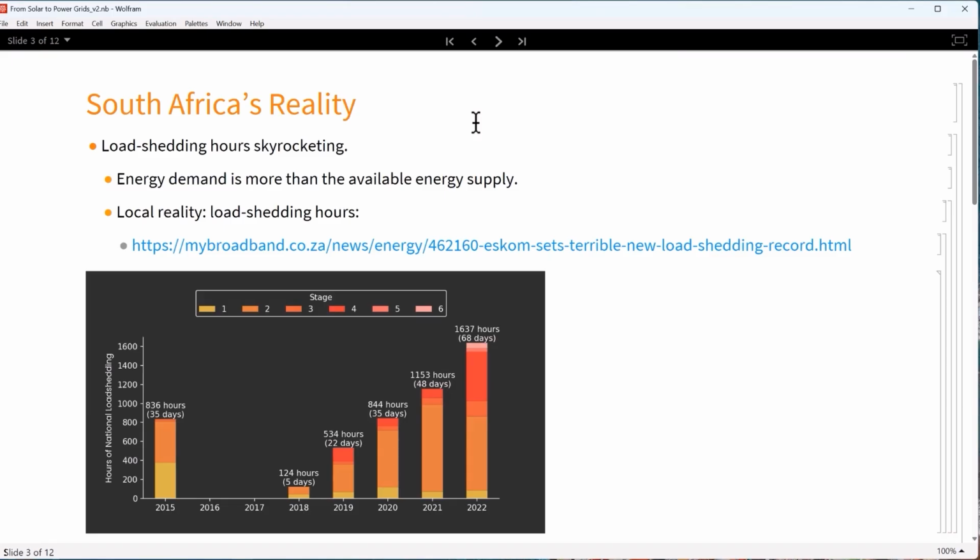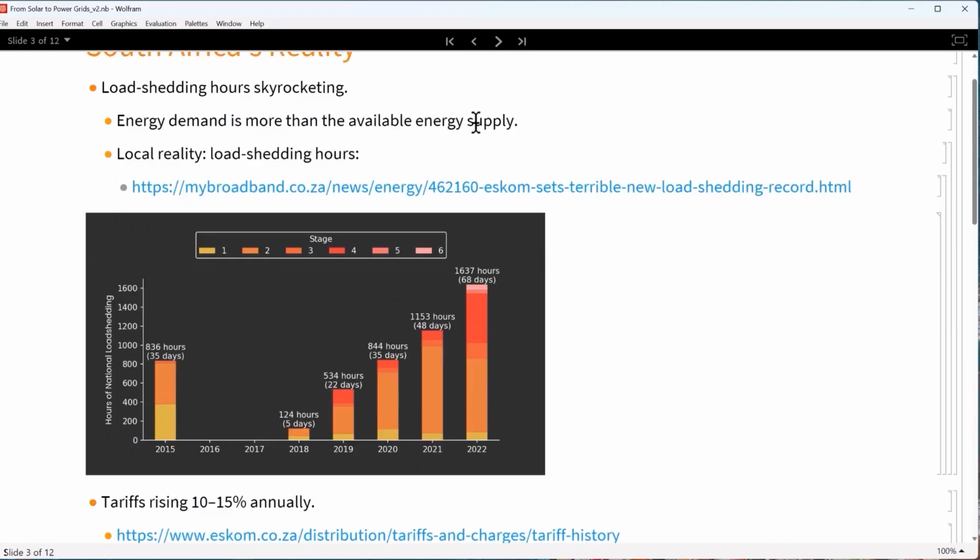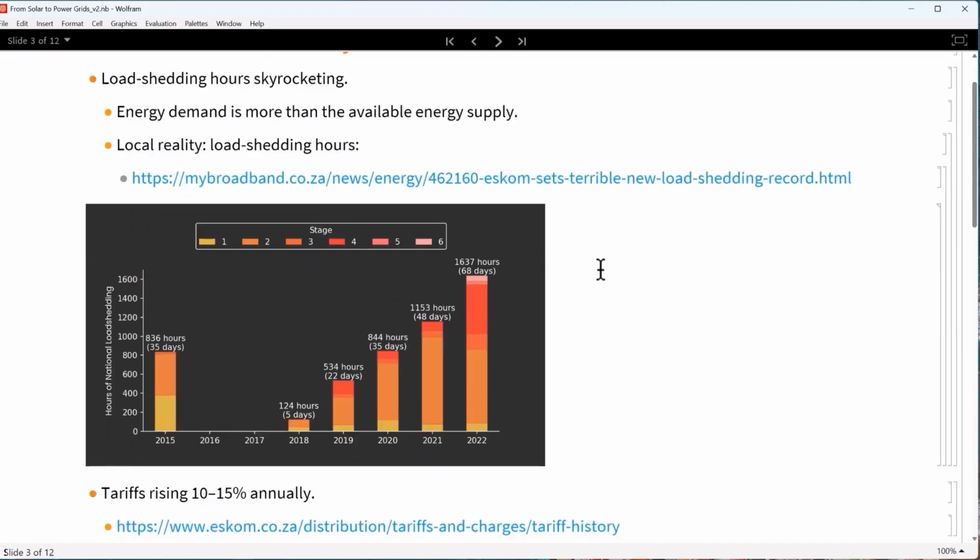However, since 2018, South Africa has experienced frequent load shedding, largely due to aging power infrastructure and insufficient generation capacity. While the situation has improved somewhat in 2025, load shedding remains a daily reality for many households.